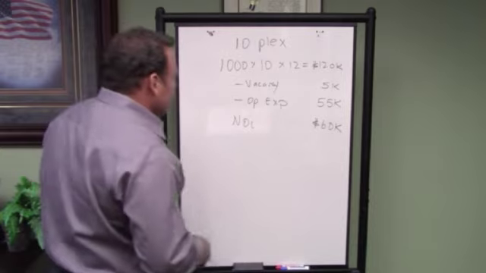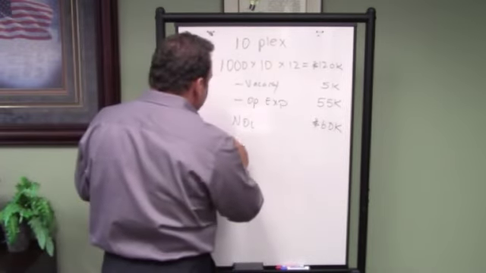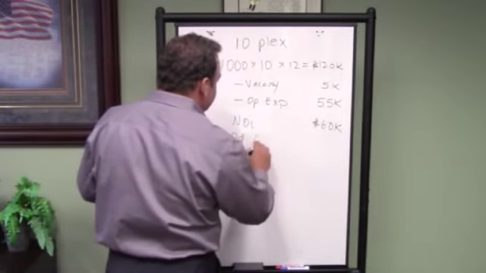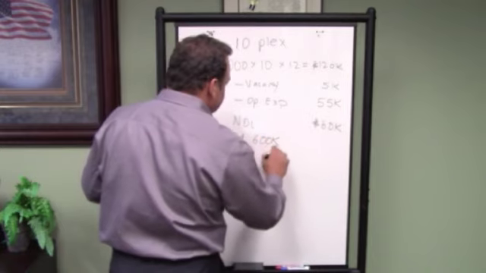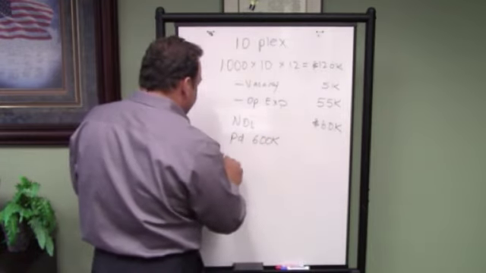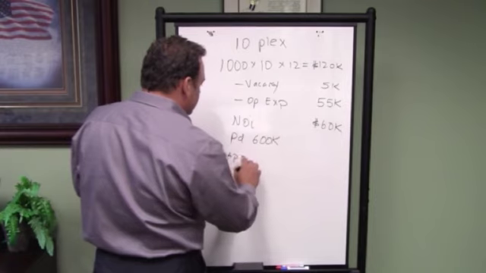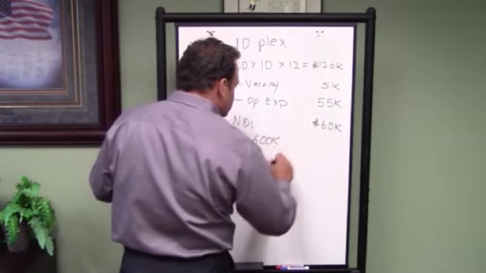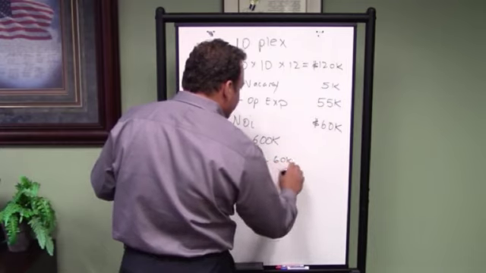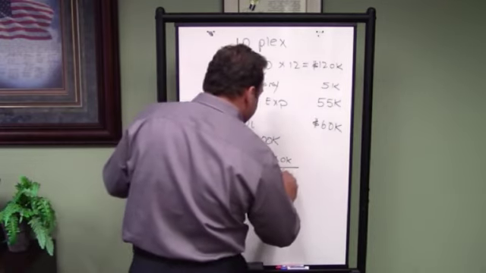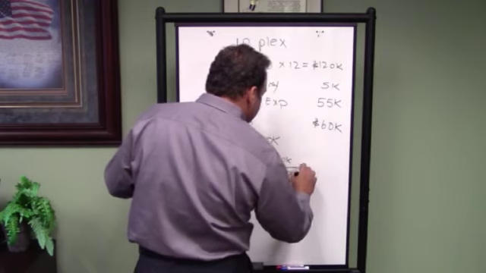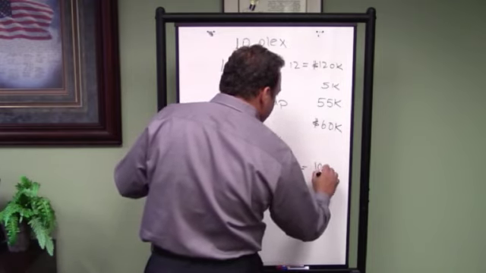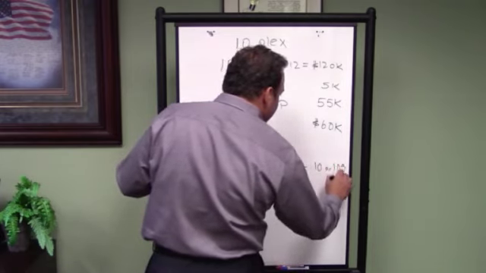And let's say that you paid $600,000 for the building. So your cap rate is your NOI, 60,000, divided by the purchase price of 600, which equals 0.10 or a 10% cap.